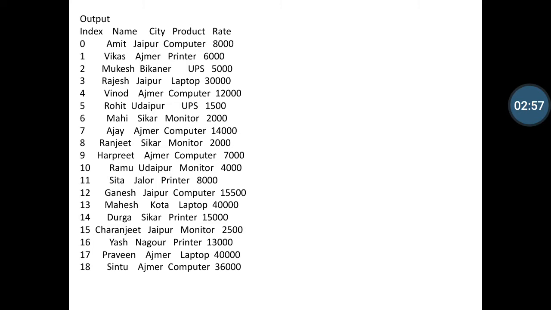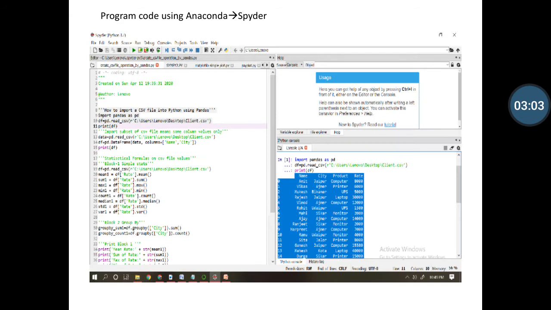You can see the values as per the fields. Then I define the code to show how we can see the output in our Anaconda environment using the Spyder tool. You can see easily that the records are displayed as per our previous slide. You can notice that.